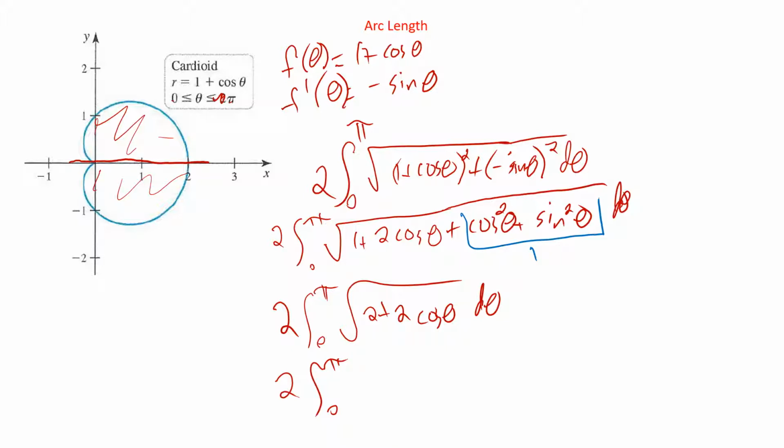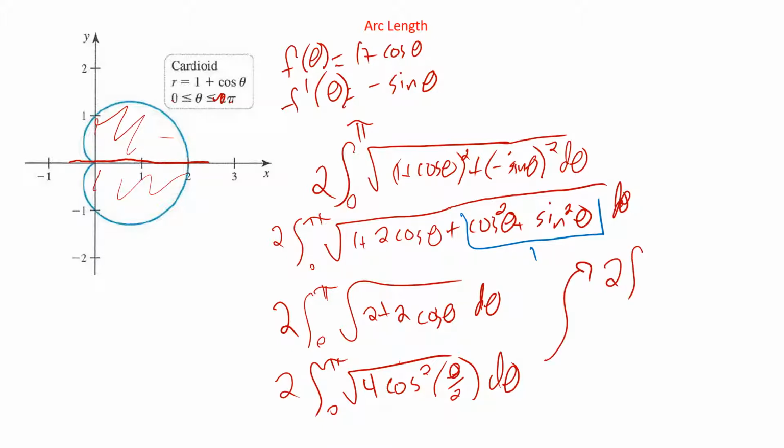Go backwards here, we have the 1/2, which can multiply out in front. We get the square root of 4 times cosine squared of theta over 2. Why would we want to go back like that? Because the square root and the squared will get us to 2 times the antiderivative from 0 to pi. The square root of 4 cosine squared is going to be 2 cosine of theta over 2 d theta.